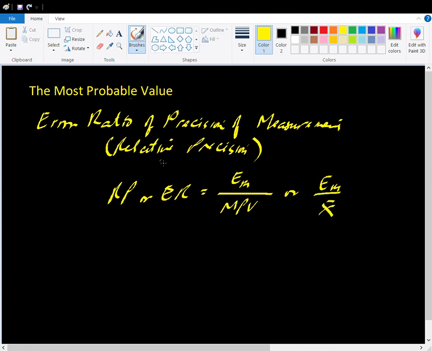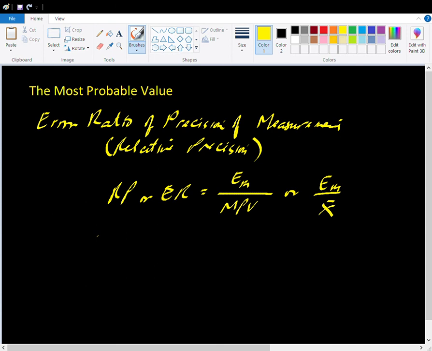Please be reminded that these formulas are applicable for the same quantity measured under the same conditions, no? Because it is possible for a number of measurements to be done under different degrees of reliabilities.